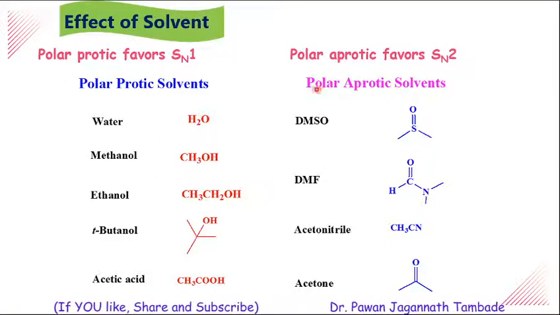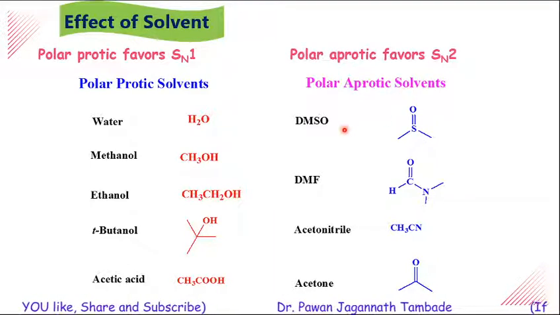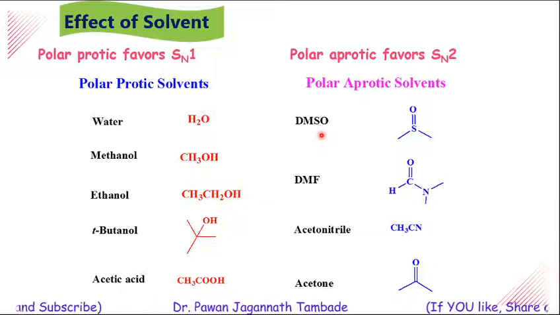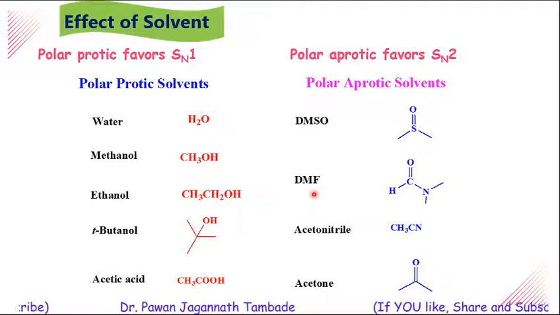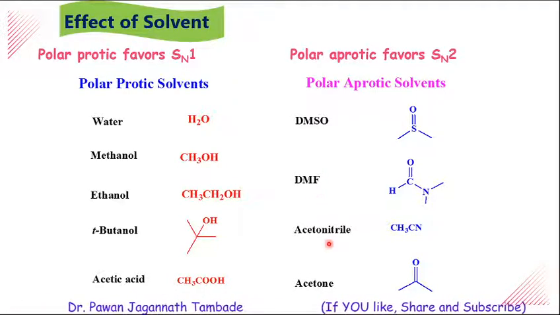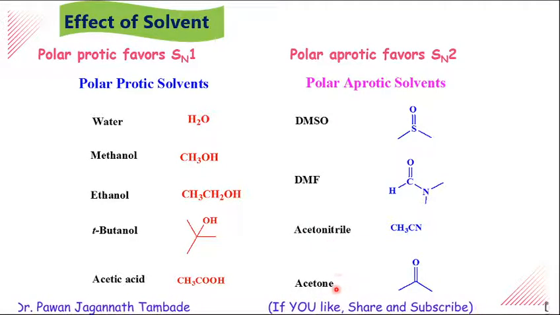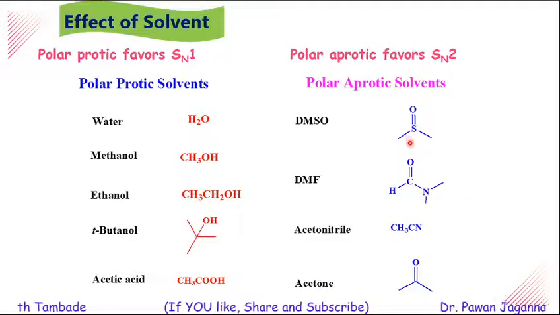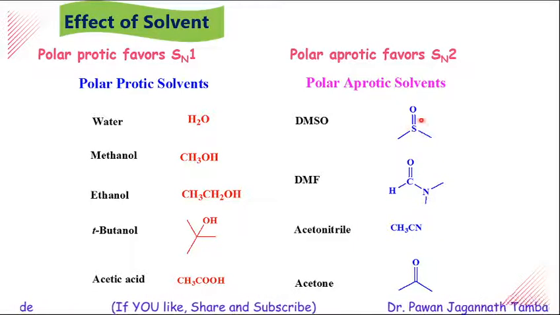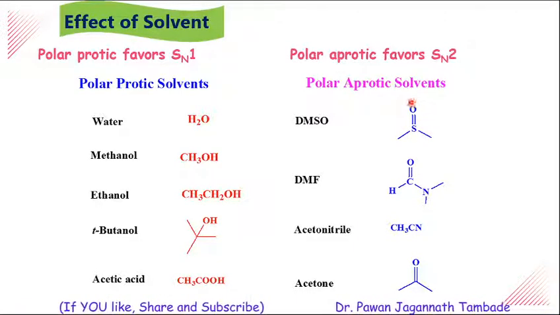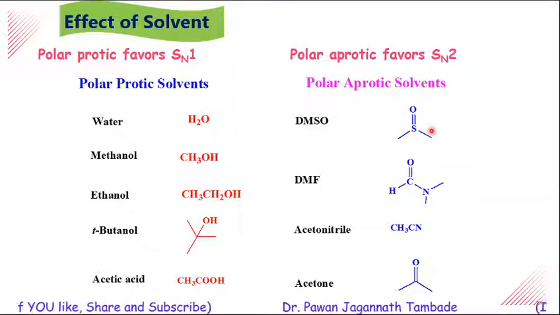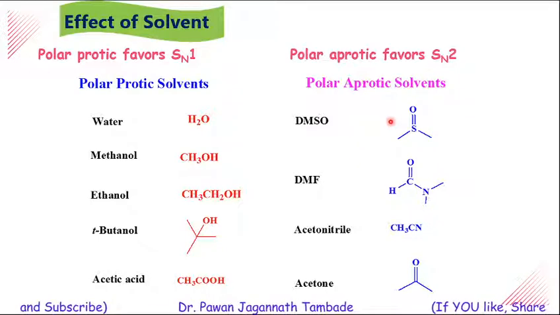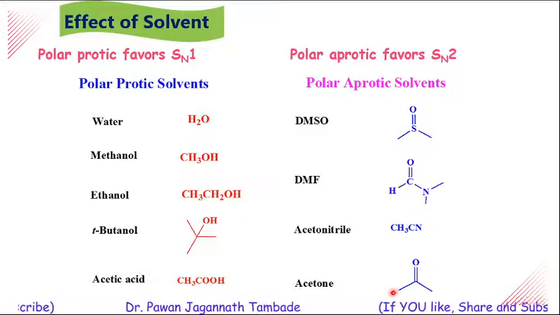And if you look at polar aprotic solvents, then some examples are DMSO, that is dimethyl sulfoxide, DMF, N,N-dimethylformamide, then acetonitrile and acetone. These are some polar aprotic solvents. These solvents are polar because of presence of multiple bonds, but these molecules do not have donatable hydrogen, that is protons, and thus these are polar aprotic solvents.